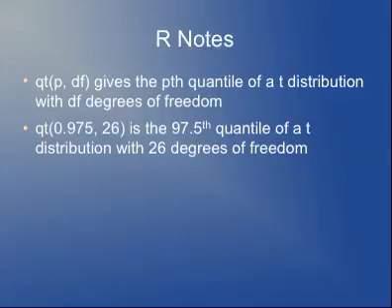And as I said before, the qt function gives us the pth quantile of a t-distribution with specified degrees of freedom. In particular, if we say qt(0.975, 26), it gives you the 97.5th quantile of the t-distribution with 26 degrees of freedom.